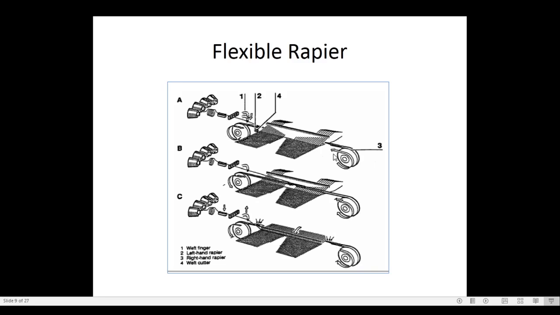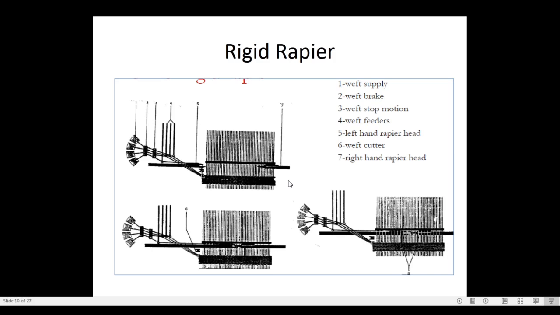Double sided means two rapiers, giver and taker, and the weft is exchanged at the center. Then the rigid rapier: instead of flexible tape we have a rigid rod going from both sides, again a giver rod and a taker rapier. So we have seen this in the last lecture.